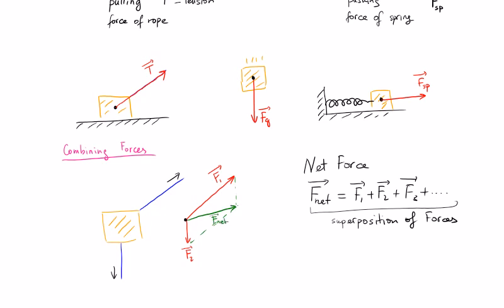You could also do the head-to-tail method. If you bring F2 in here, you will see F net is the same. Anyway, this F net force is the sum of force F1 plus F2. Remember, this is a vector addition, so later on you might need to use component methods of adding vectors.